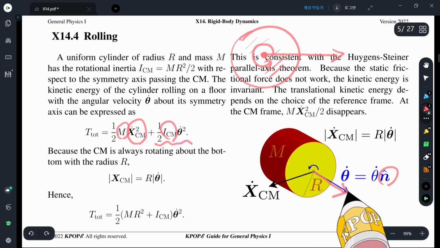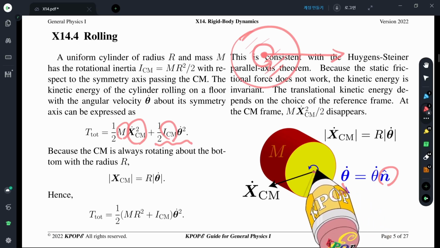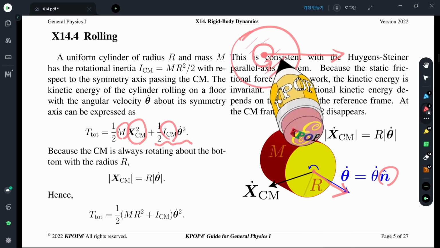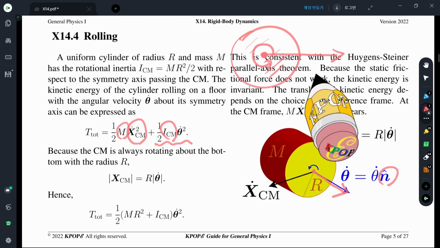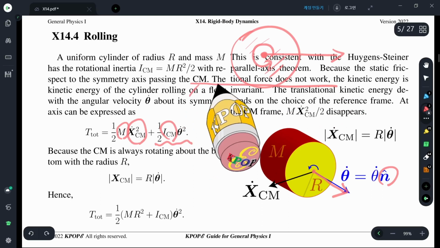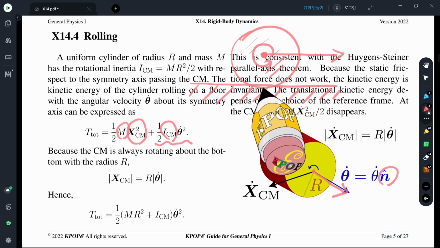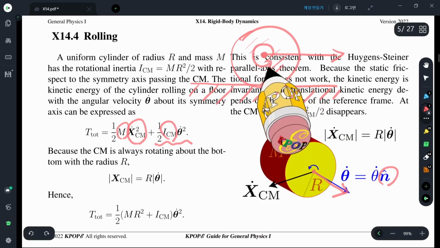I_CM represents the moment of inertia about the axis of rotation that passes through the center of mass. In this case, the system has some constraint when it is rolling over a flat surface. In that case, this point is a fixed point.